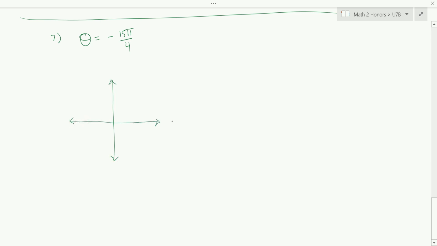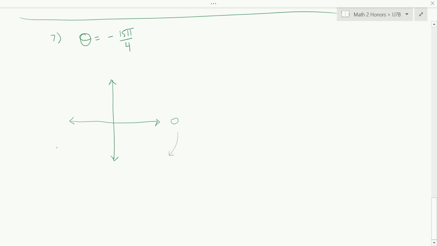So what quadrant are you ending up in? Which one? The fourth quadrant? All right, let's check. So here's 0. We need to go this direction now. We need to go clockwise because it's a negative angle, right?